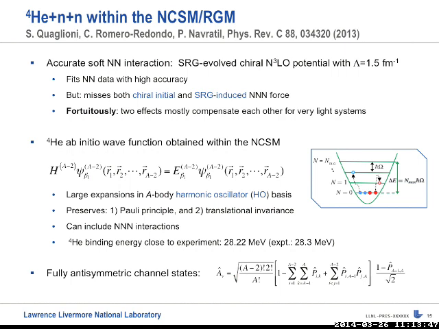And this is the region of lambda, between 1.5 and 2.2, I don't remember. There is a region in which that happens, but it's just fortuitous. It doesn't mean anything, except that when you are looking at the threshold of the reaction, it will be more sensible. Since I'm doing this calculation for the first time, I'm using an interaction that at least gives me the right binding energy of helium-4. That's all. There is nothing more.